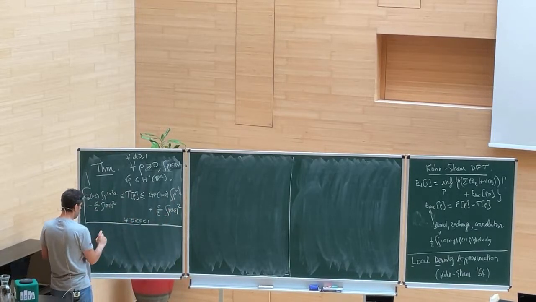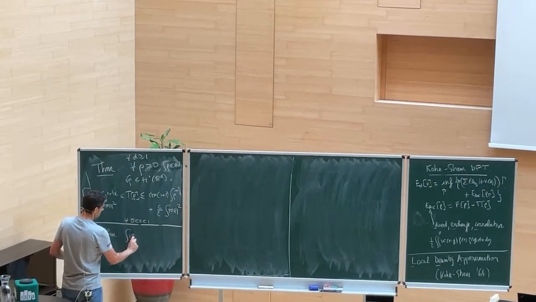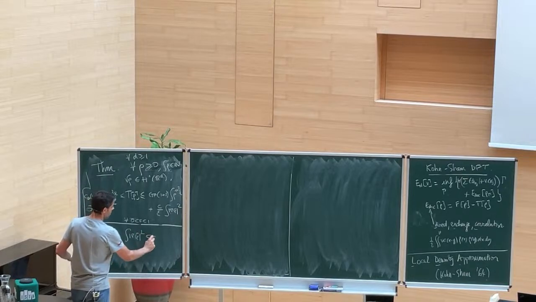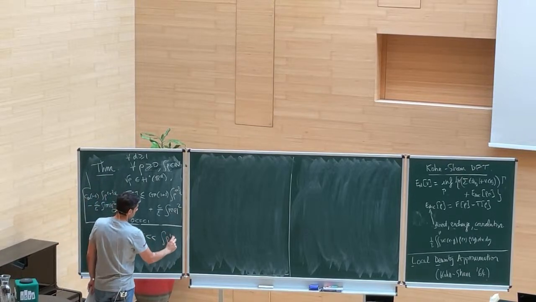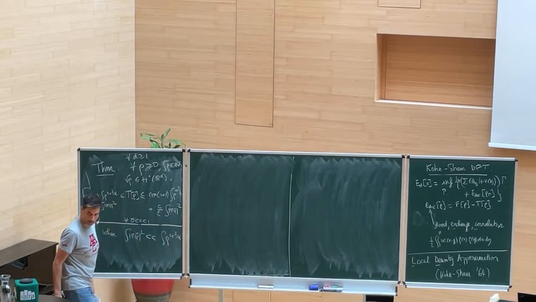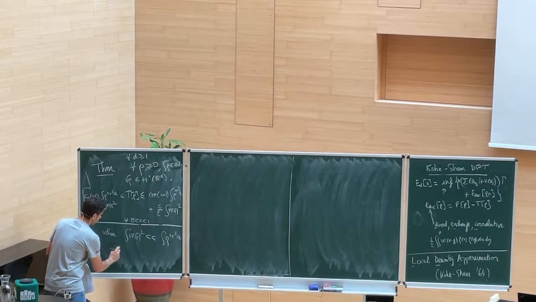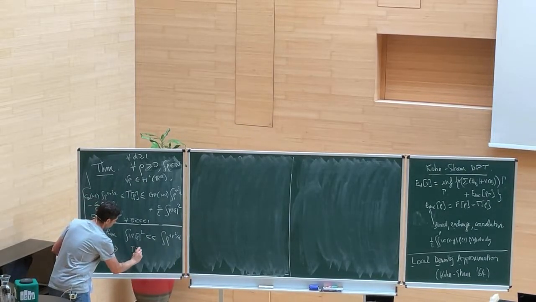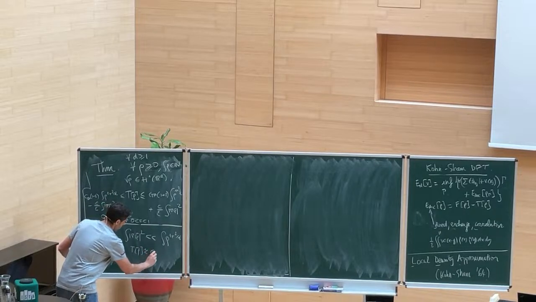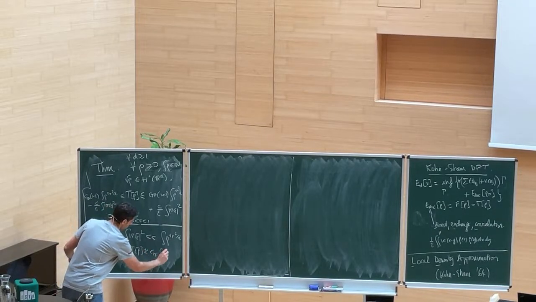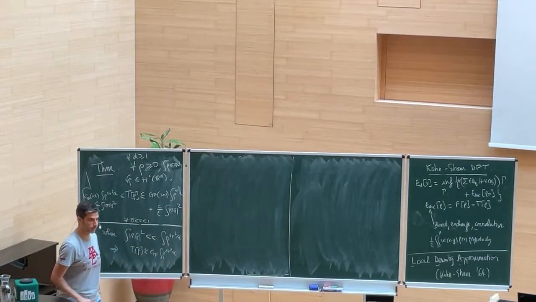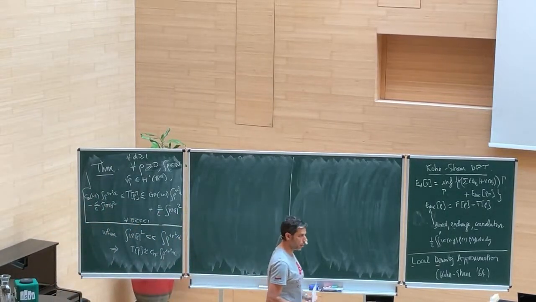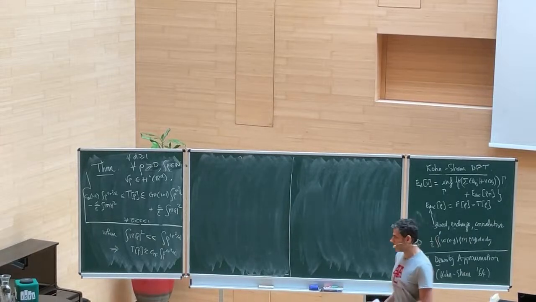Okay, so this says that when this is much smaller than the Thomas-Fermi energy, then T(ρ) really looks like the Thomas-Fermi kinetic energy, to leading order. And that's LDA, and the spirit is the following.